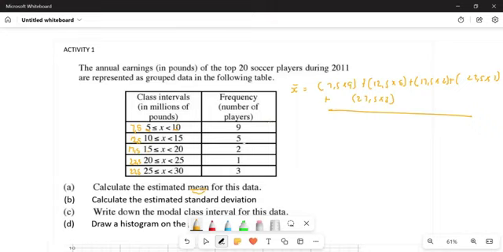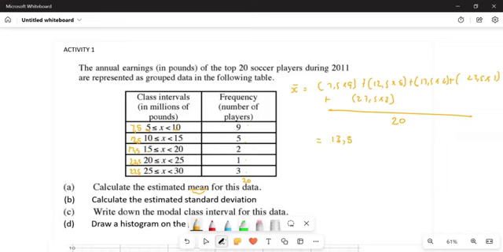Then if you add up the frequencies, how much do you get? You get 20. So we're going to divide by 20. And if you do that without a calculator, you get 13.5.